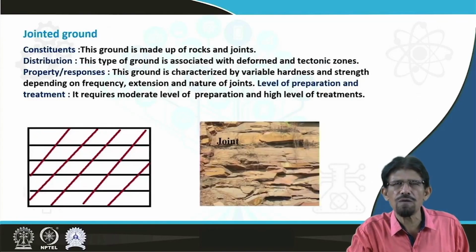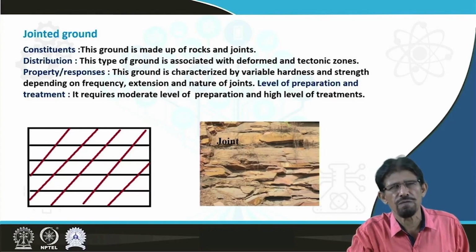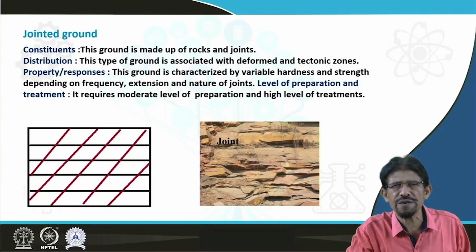Next type of ground we have is jointed ground, which is also known as engineered ground. We are going to give more stress on this type of jointed ground in our future classes when we elaborate on the mechanical response. As far as constituents are concerned, this ground is made up of rocks and joints. This type of ground is generally associated with deformed and tectonic zones.